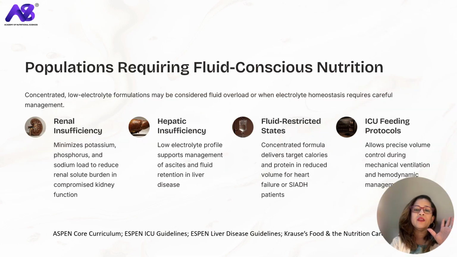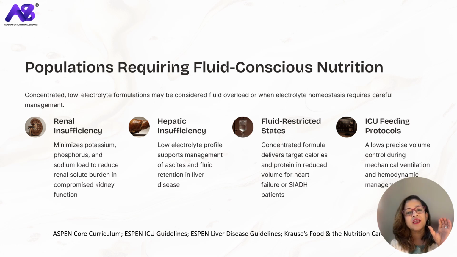Then, in a concentrated enteral formula, the energy density is important because it allows you to deliver nutrients at a lower formula volume, and the nutritional targets can be achieved even with a reduced fluid volume.